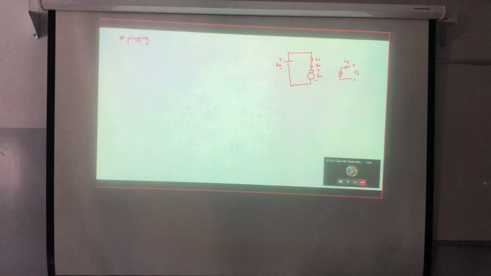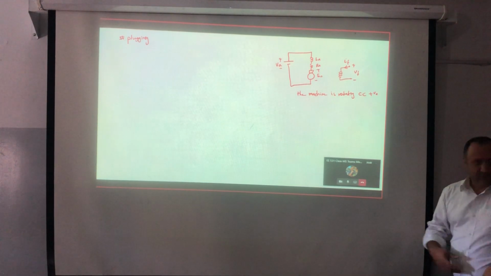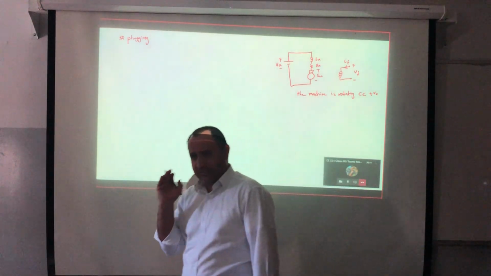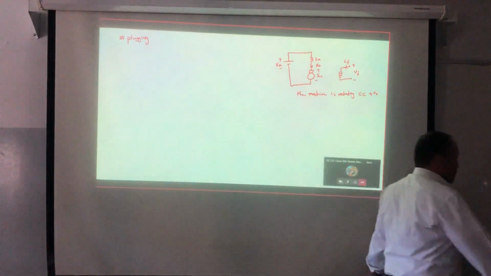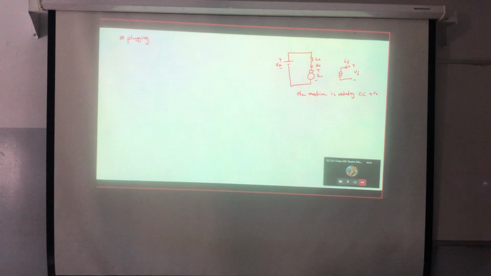Now the machine is rotating, and let's assume it rotates clockwise, and clockwise is positive. There's no real meaning for clockwise or counterclockwise, positive or negative; let's assume it's positive. So a current IA will flow, and at steady state IA is nothing more than VA minus EA over RA.